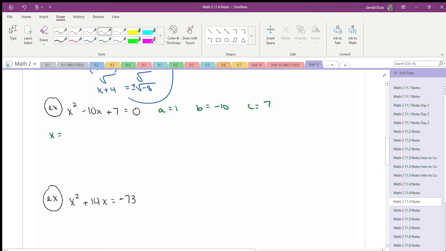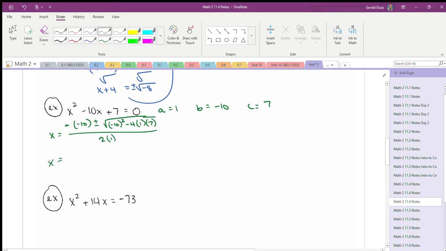So if I'm doing the quadratic formula, x is always equal to negative b, so negative negative 10. Don't forget to put your a, b, and c values in parentheses. So plus or minus the square root of b squared minus 4 times a times c, all divided by 2a, so 2 times 1.